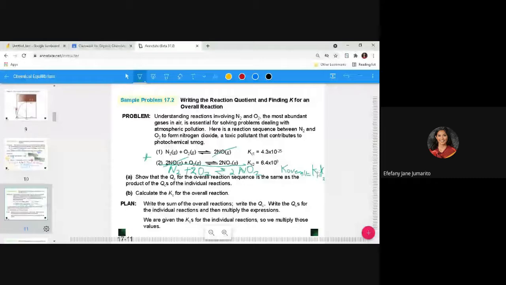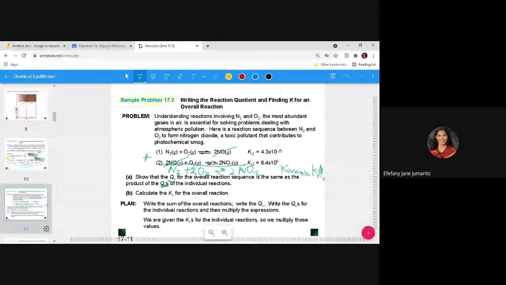Okay. Now, it says to show that QC for the overall reaction sequence is the same as the product of the QCs of the individual reactions.